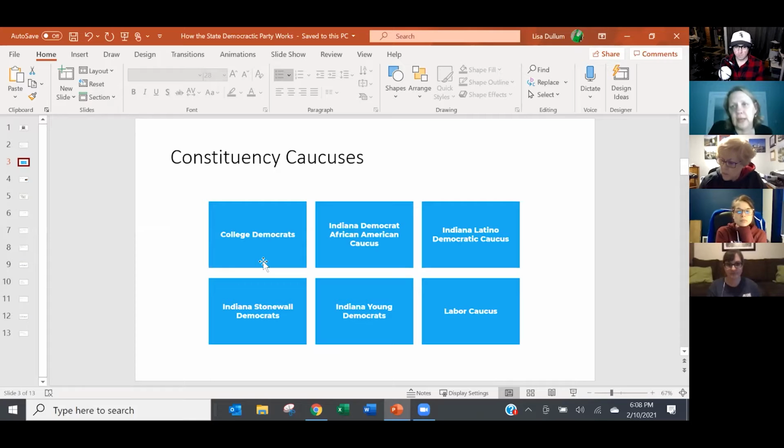One thing you don't see on here, and there was controversy at the last convention I was at, is a women's caucus. There's controversy whether that's actually needed at the Democratic Party level, and currently we do not have one.